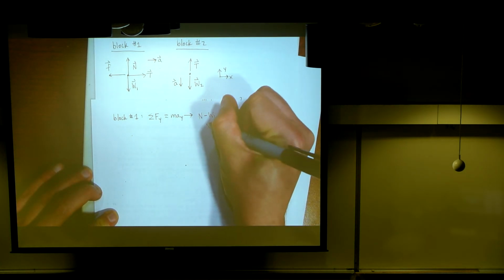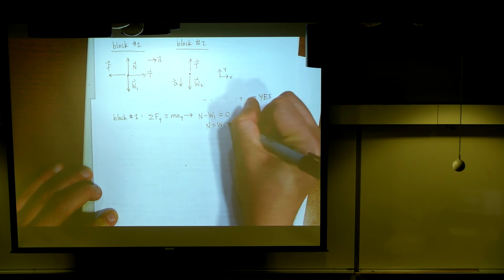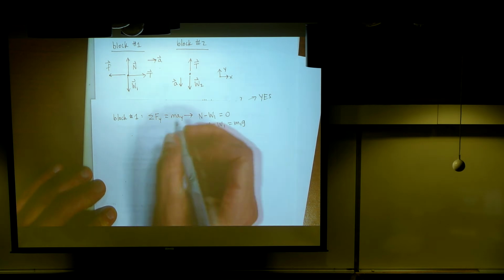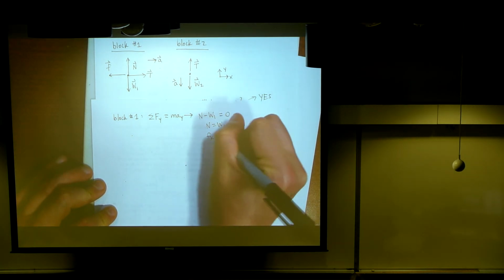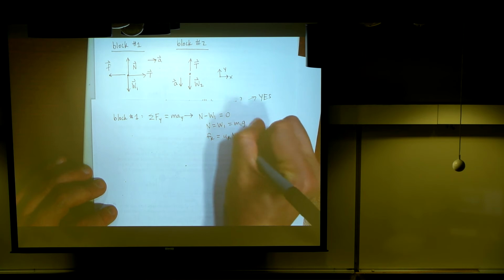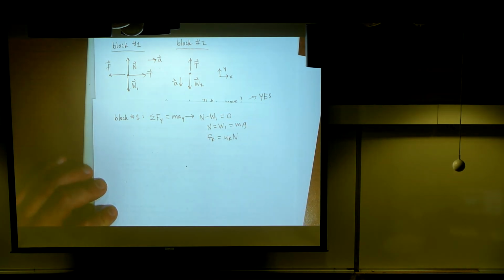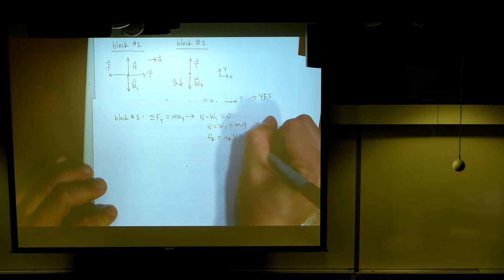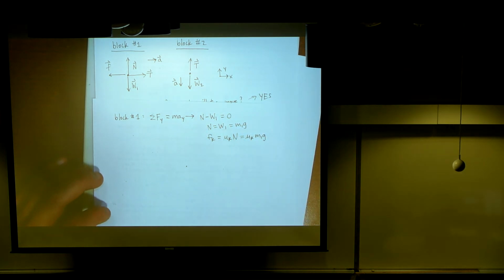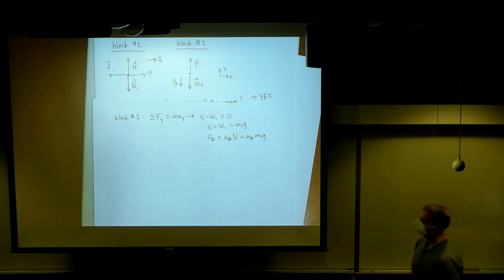So that means the normal force is the weight of block 1, which is m1 times g. And that's useful because kinetic friction, which is acting on block 1, is going to be mu k times that normal force. So that's going to be mu k m1g.